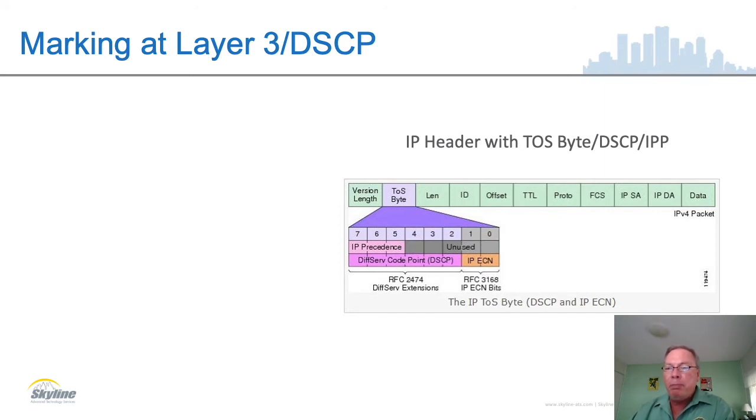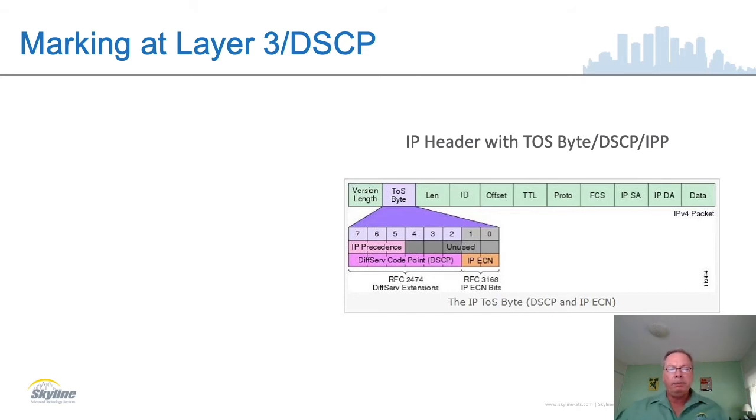Well, with 3 bits, how many variations can we get? Well, in simple binary, that only gives us 8 variations. So you were able to have IP precedence values 0, 1, 2, 3, 4, 5, 6, and 7, making this a 1, a 2, and this a 4 in terms of IP precedence. 1, 2, 4 added up, 4 plus 2 plus 1 is 7, and 0 is a valid value, right?